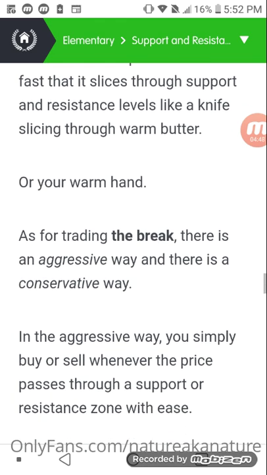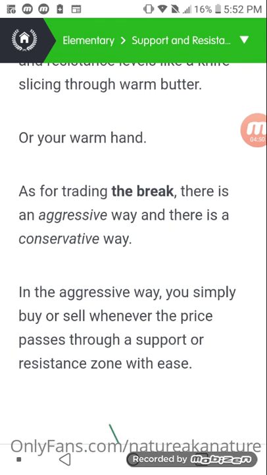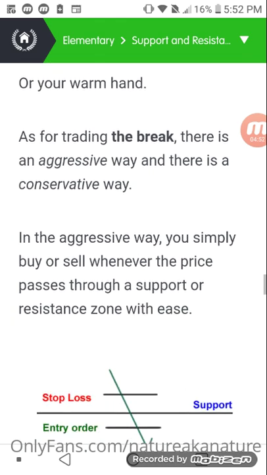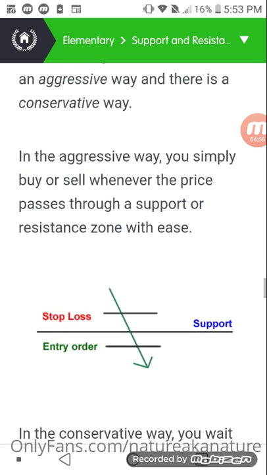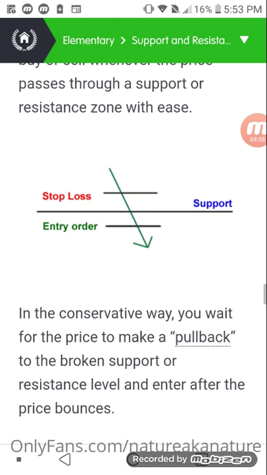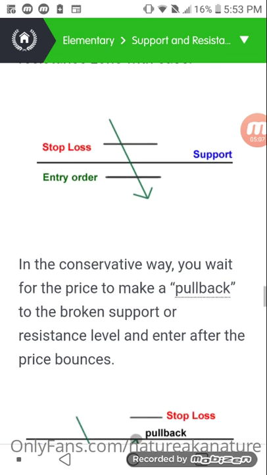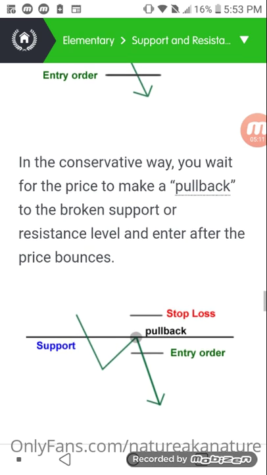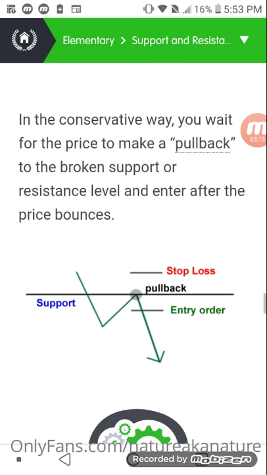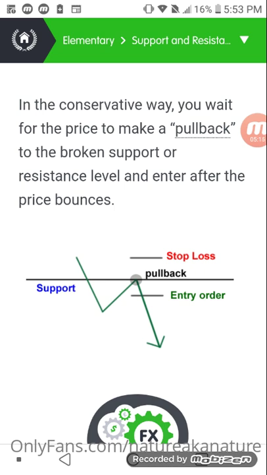As for trading the break, there is an aggressive way and a conservative way. The aggressive way is to simply buy or sell whenever price passes through a support or resistance zone with ease. Once price passes through the zone with ease, you get in with an entry order. The conservative way is to wait for price to make a pullback to the broken support or resistance area before you enter.